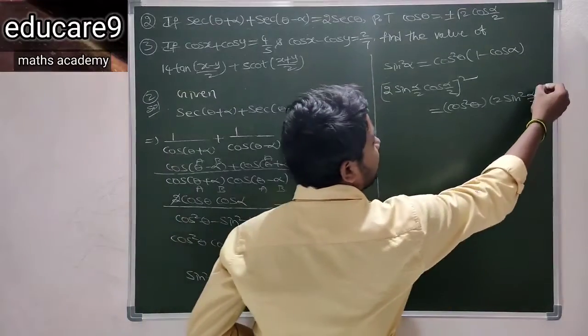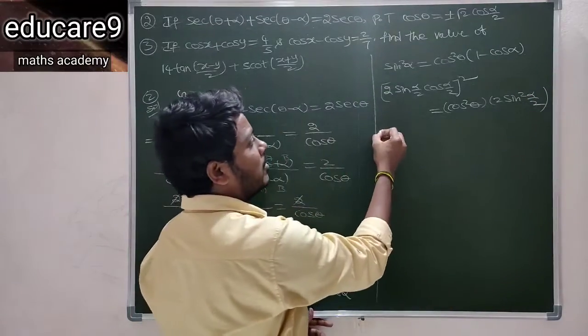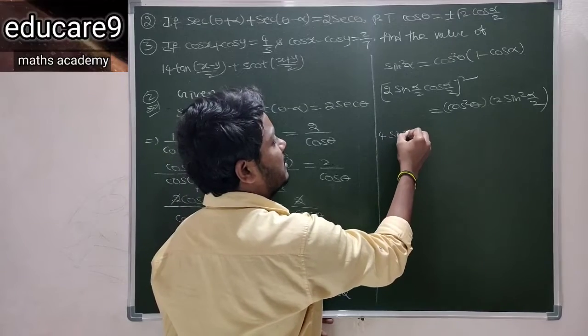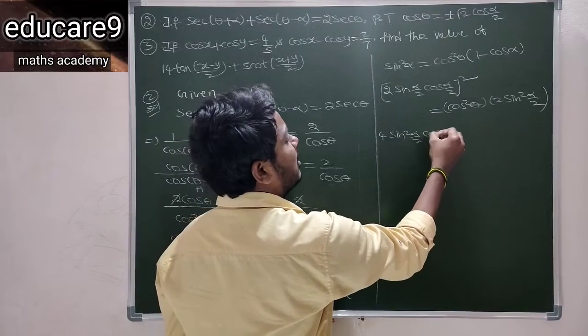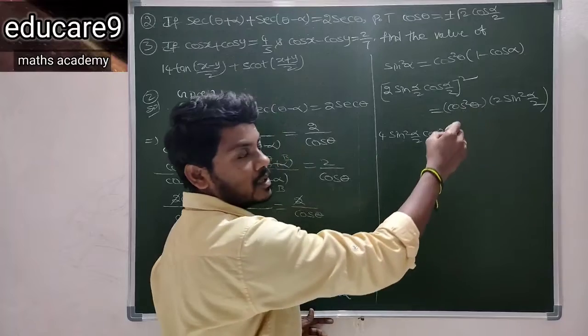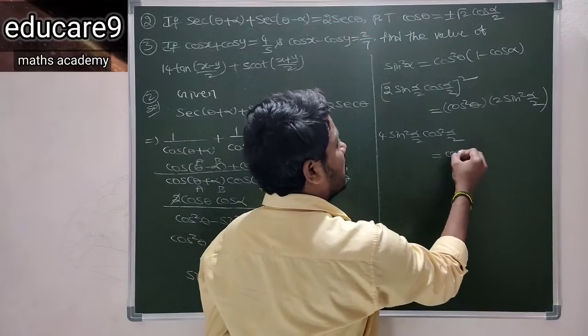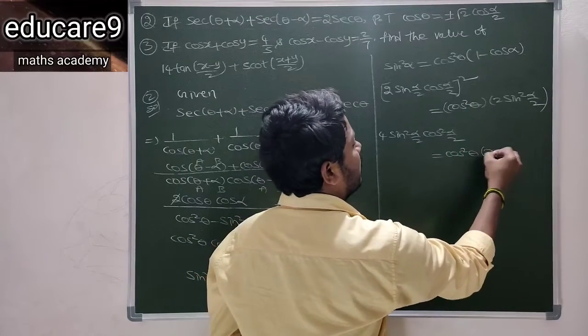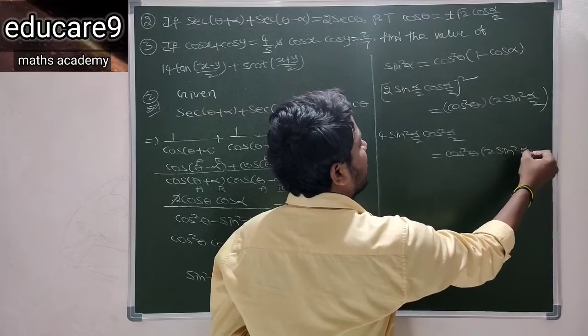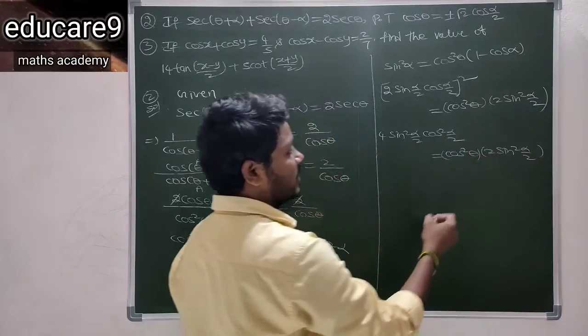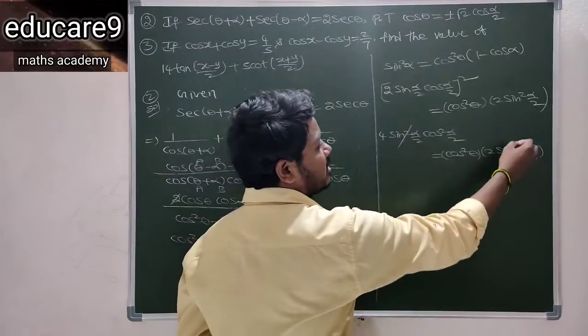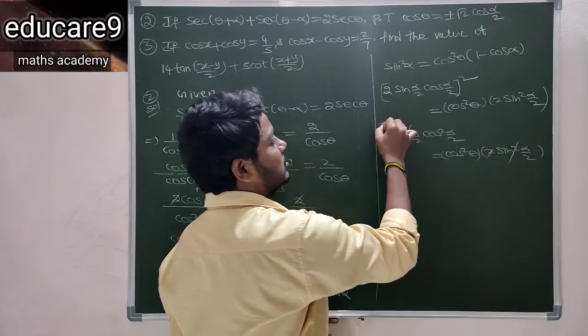Okay. So this is what? 4 sin square alpha by 2 cos square alpha by 2. So this is equal to cos square theta into 2 sin square alpha by 2.